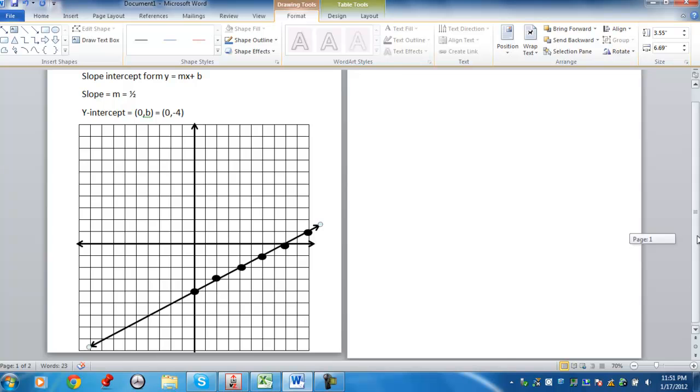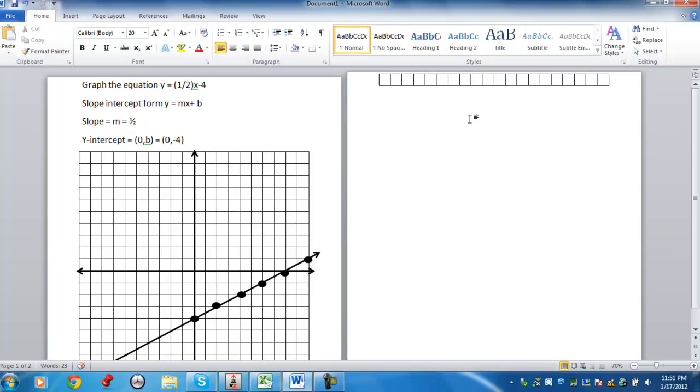Now with this, there are other things that you can find with this equation. There's what's called the x-intercept. Now the x-intercept has a rule. The rule is that the y value is going to equal 0.